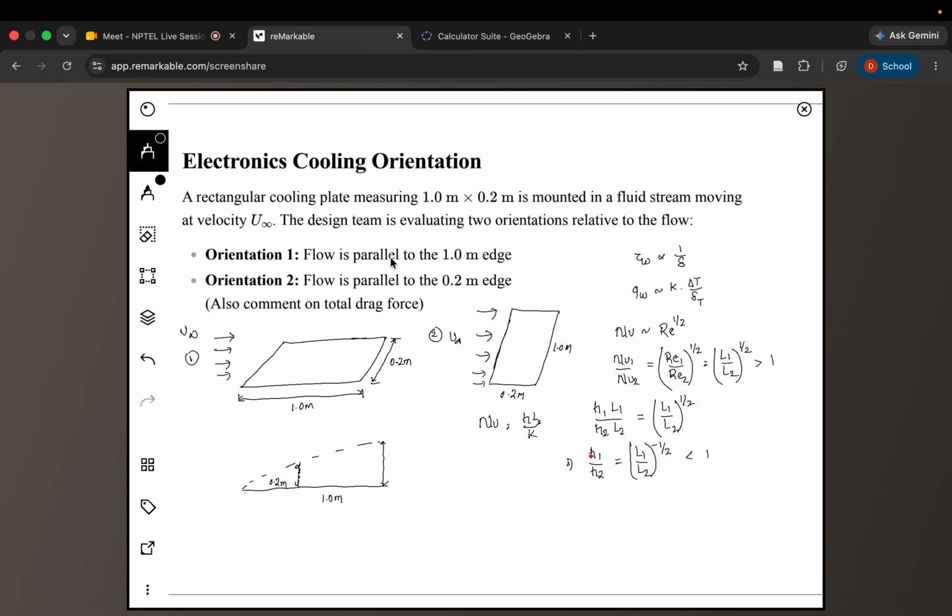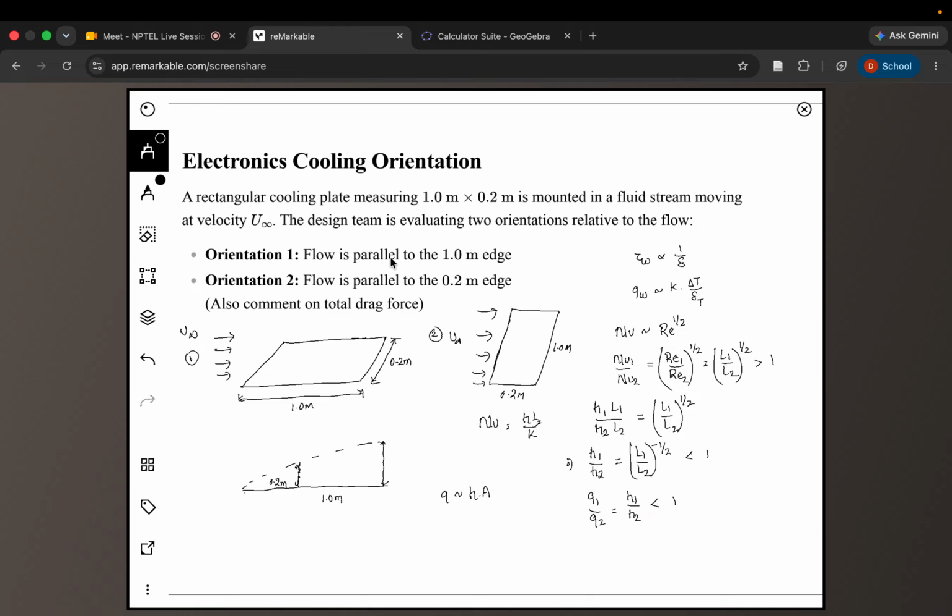Because both have the same surface area, the heat flux will be proportional to h times area, and area is the same for both. So Q1 by Q2 will be h1 by h2, which in this case is less than 1. So orientation 1 will give you lower heat flux compared to orientation 2. If you are strictly going from the scaling analysis that we discussed, this is how you would approach the problem.